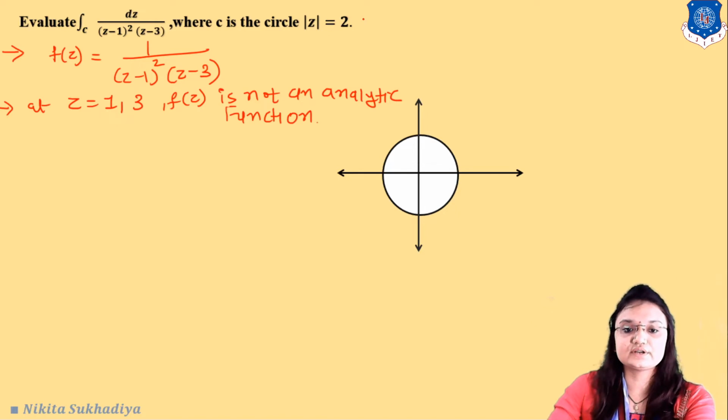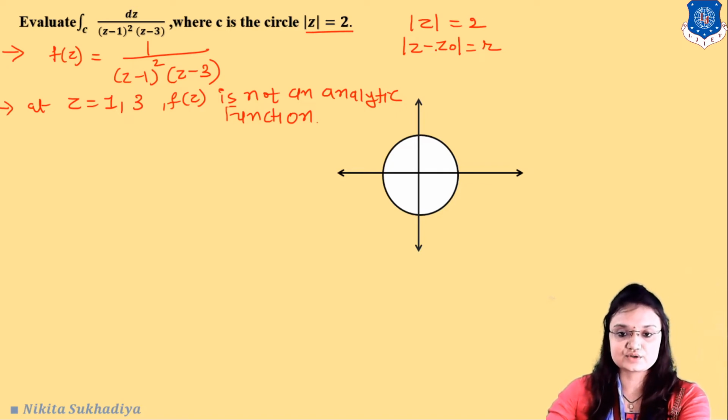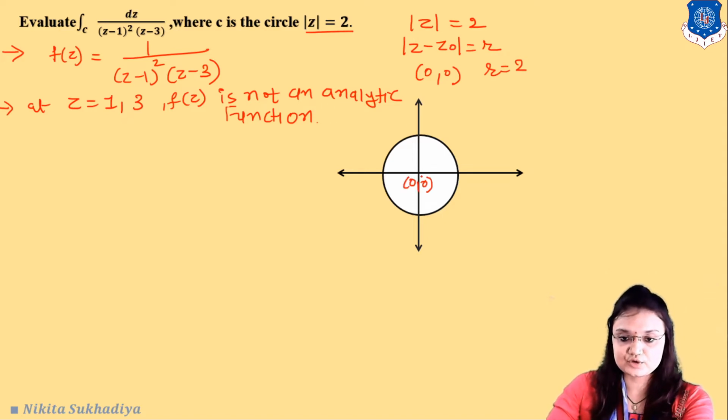Okay, and here we have the circle, that is modulus of z is equal to 2. So this will become modulus of z minus z0 is equal to r. Compare modulus of z is equal to 2 with modulus of z minus z0 is equal to r. So we will get center point 0 0 and radius r is equal to 2. So this is the circle with center point 0 0 and radius r is equal to 2.